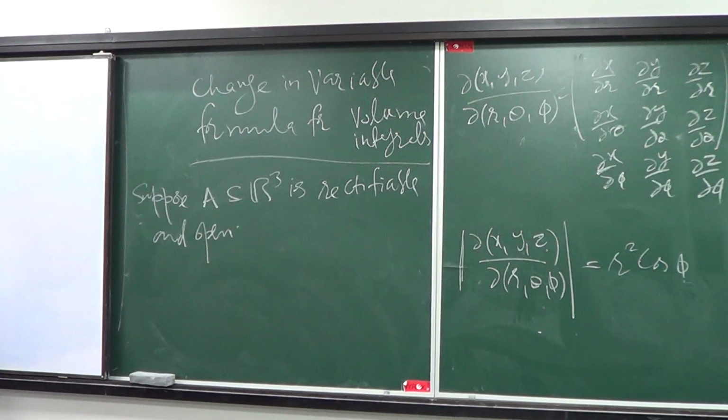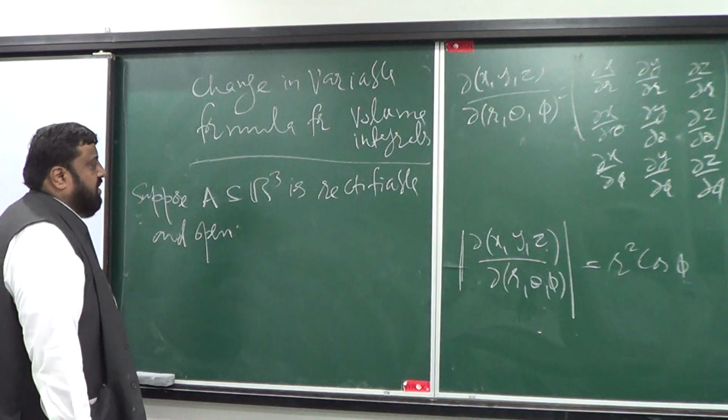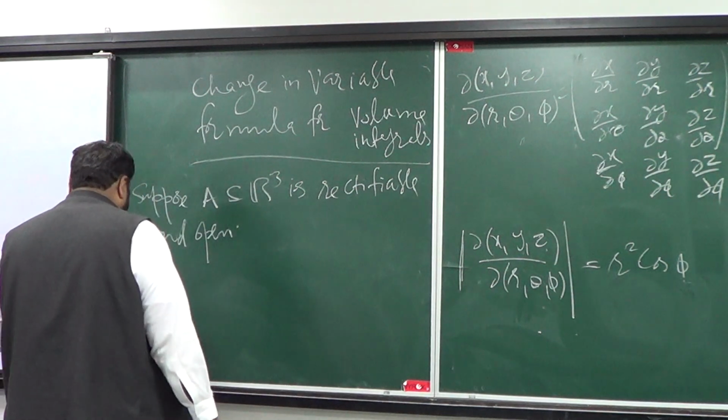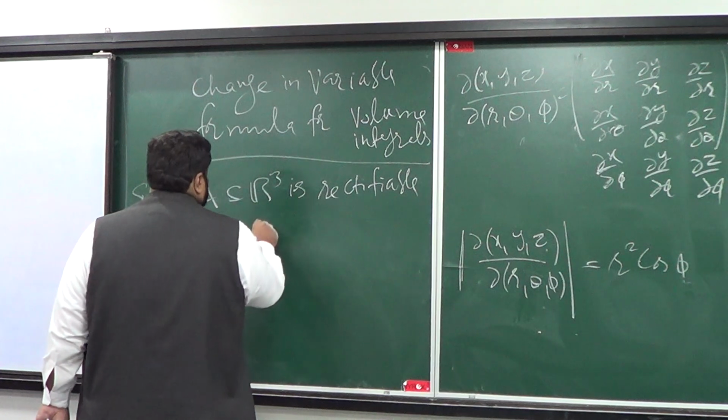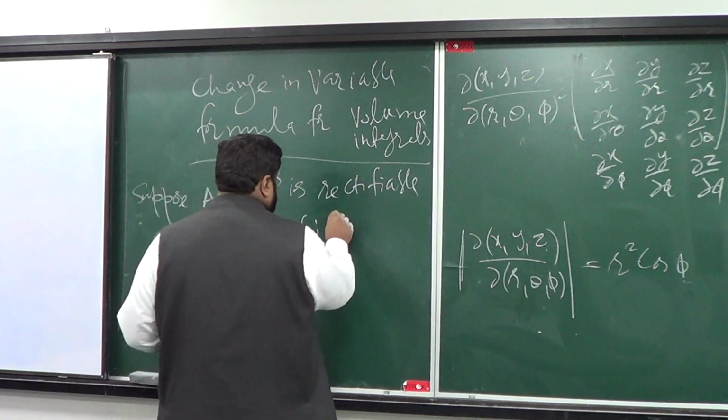What was the meaning of rectifiable volume? You can put it in a box actually. You compare its volume with the volume of some box. Okay. So rectifiable open, and let f be a scalar field associated with it.